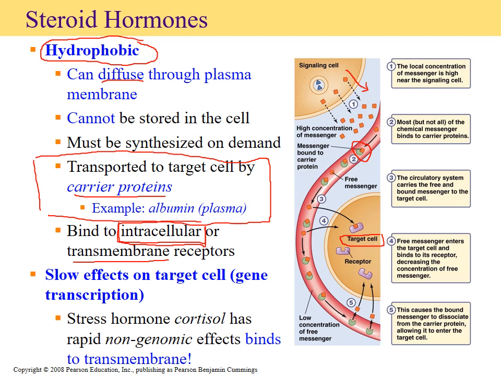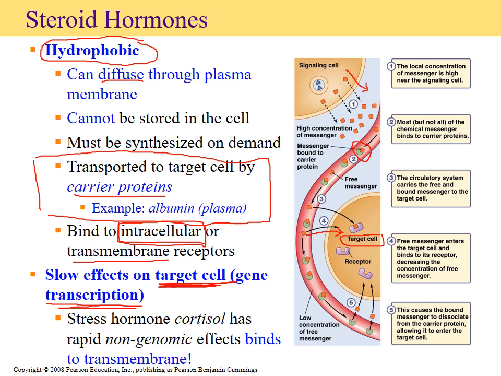And the intracellular receptor means that it has to pass through the plasma membrane, which it can easily do because of its hydrophobic components. It will interact with a target that's inside the cell, usually near the nucleus, and when it does that, oftentimes it will cause a transcriptional change to occur, or a genomic change. So as you can see on your PowerPoint, it says it has a slow effect on the target cell because it needs to activate gene transcription.